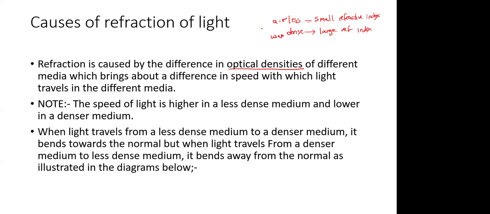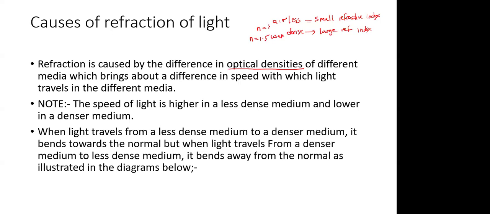The refractive index of air is 1. The refractive index of water is 1.5. Therefore, because light is moving between two mediums whose densities are different, it is going to change direction.